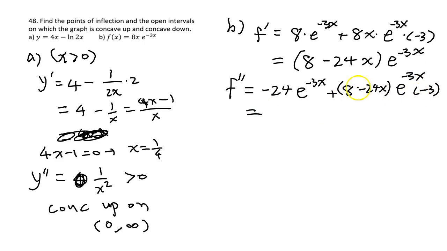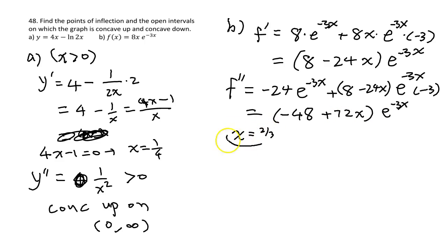So that gives you (negative 48 plus 72x) e to the negative 3x. And we see that this is 0 when x equals 2/3. So x equals 2/3 is the point where this is equal to 0.